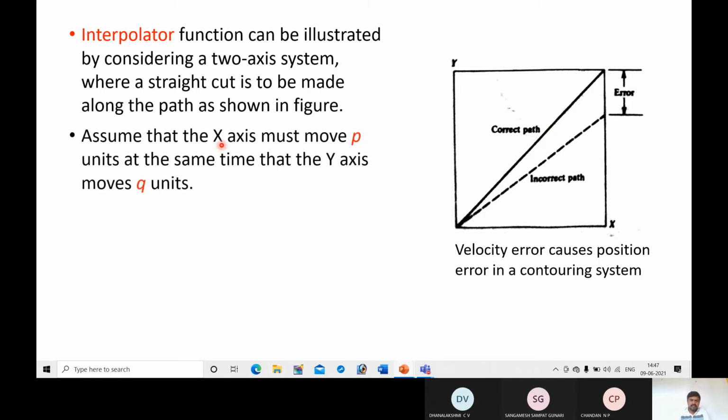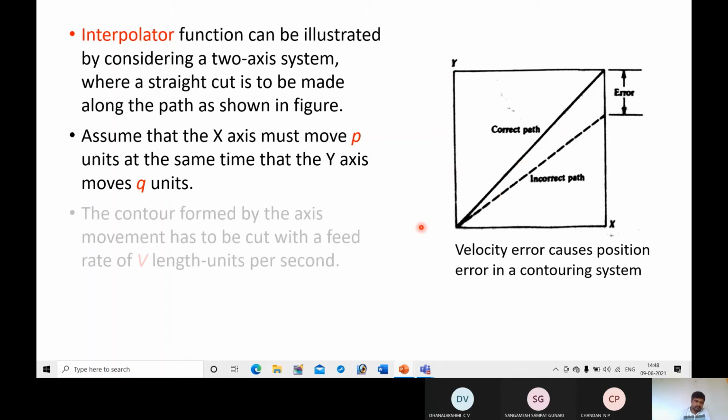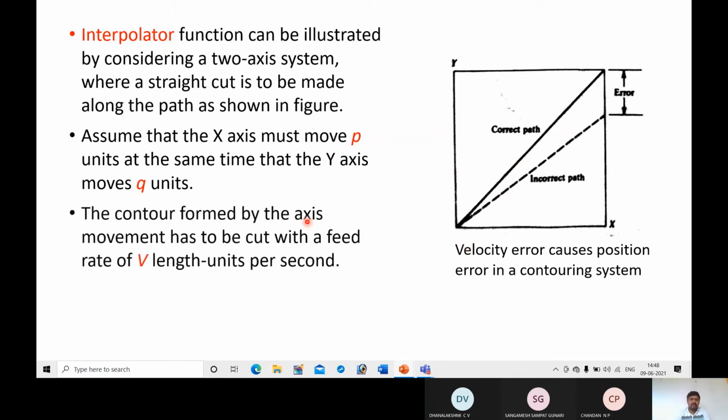Assume that the x-axis must move P units, and at the same time the y-axis moves Q units. So this is the coordinated movement. The contour formed by the axis movement has to be cut with a feed rate of V length units per second. It may be in millimeter, meter or centimeter. So that is the feed rate.